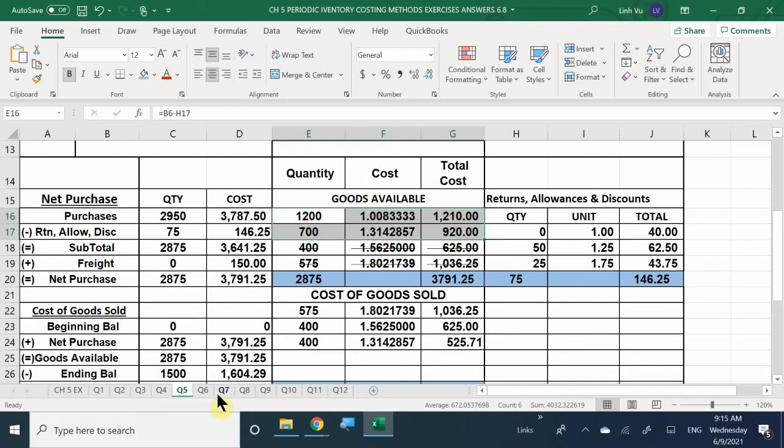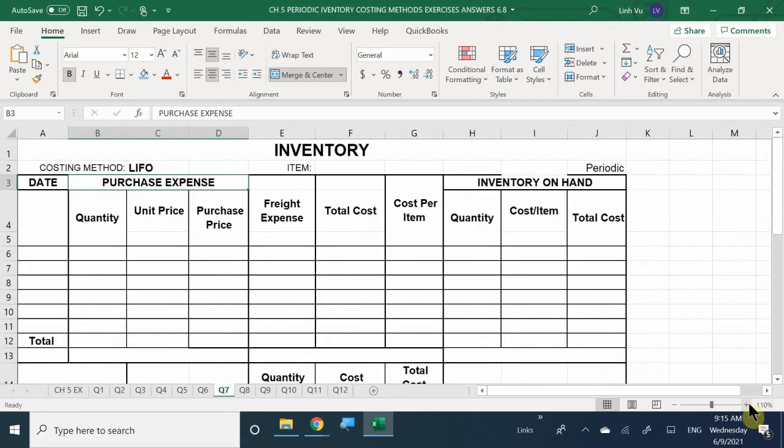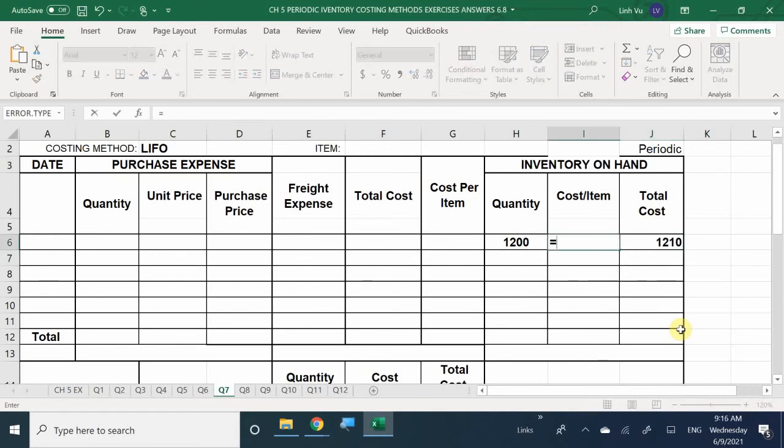So go to question number 7, and we're going to be working on the inventory on hand section. This one is where your beginning inventory lies. So 1,200 at 1210, which gives us that number of 1.083, okay?